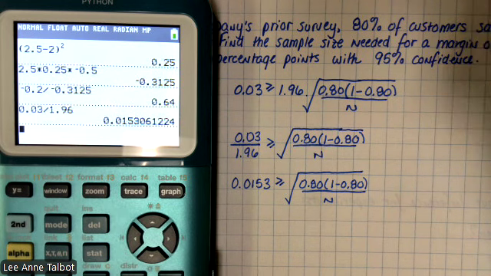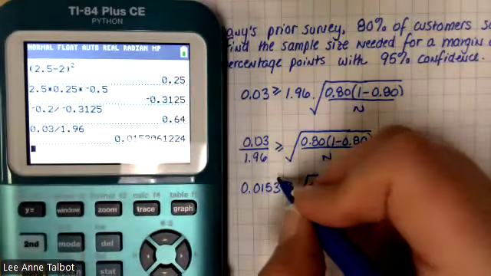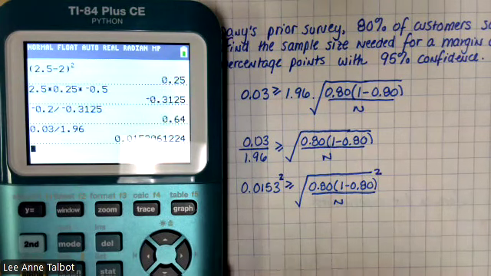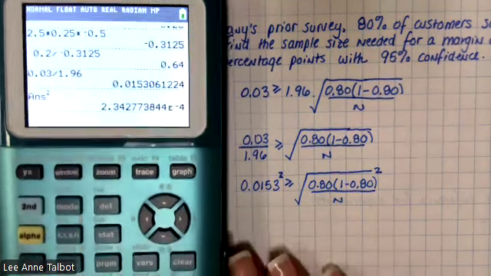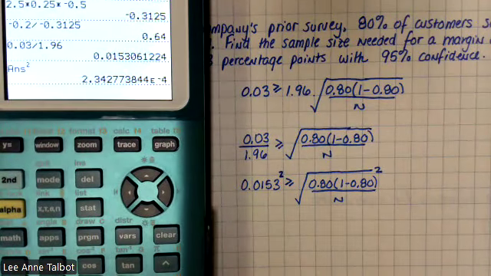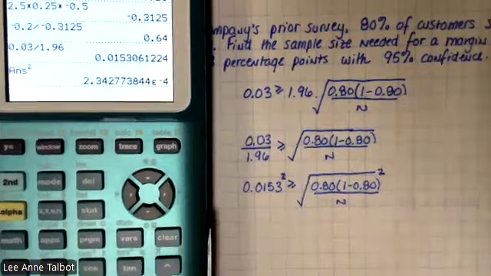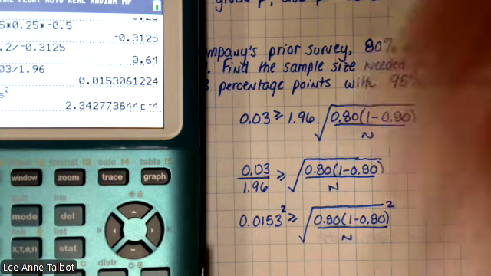What do you think the next step should be algebra-wise? Square it. Now when you square this, be really careful looking at the answer. It's really important that you guys are analyzing your calculator properly. Do you see what I'm talking about?